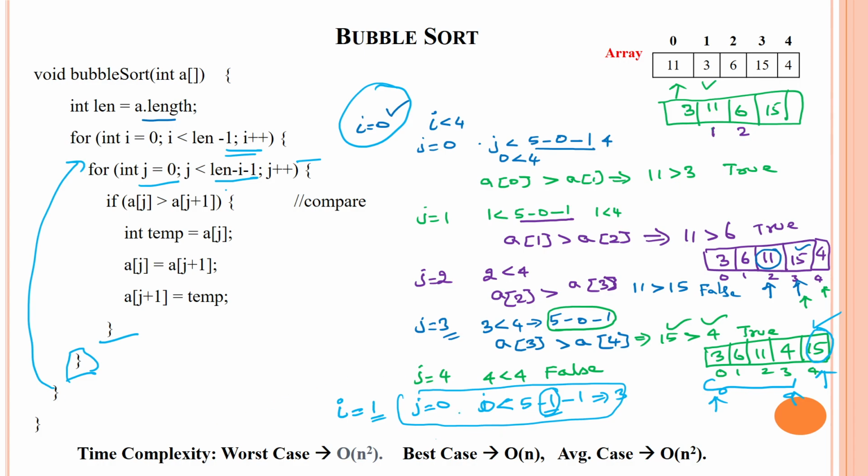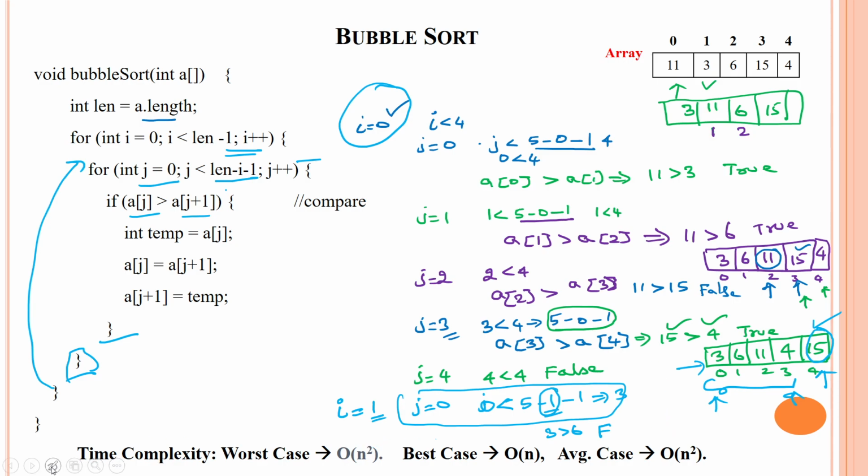So the next is if a of j greater than a of j plus 1. So here a of j is a of 0 is 3, a of j plus 1, that is 6. So 3 greater than 6, so this is false. So likewise you have to keep on again iterate one by one. So at the end you will get the array sorted out.